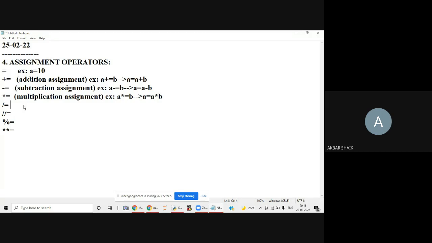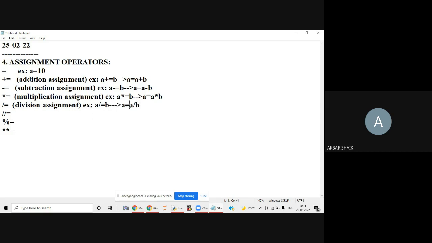Similarly, we'll have division assignment. Example, a slash equals to b. So this is nothing but a equals to a by b. This is division assignment.